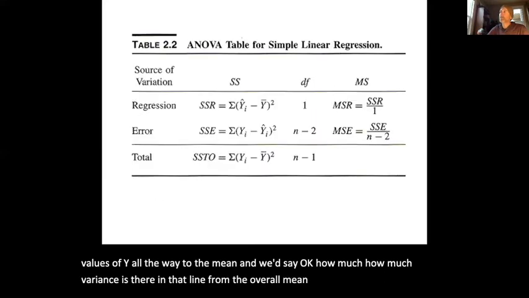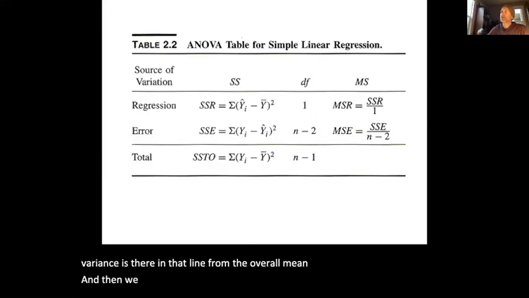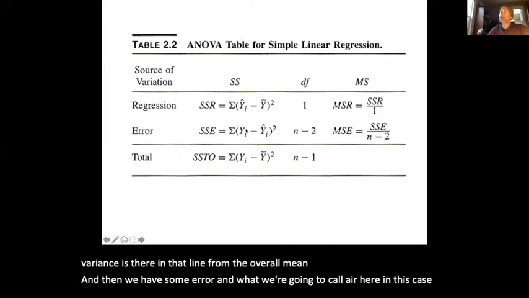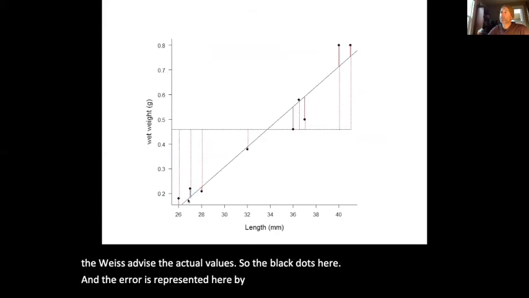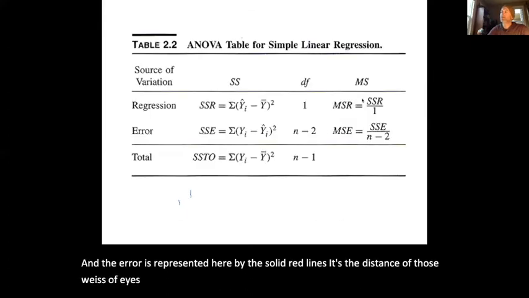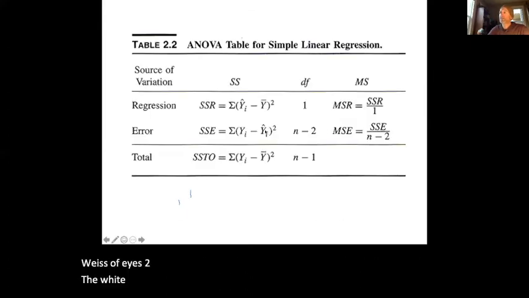Then we have some error. What we're going to call error here is the y sub i's, the actual values, so the black dots here, and the error is represented by the solid red lines. It's the distance of those y sub i's to the y hat sub i's, the estimated value of y at each level of x.